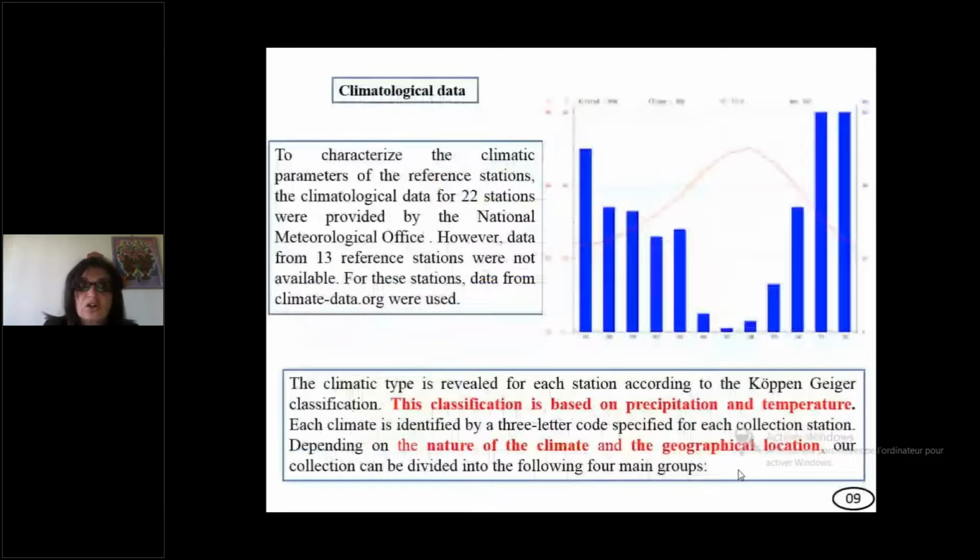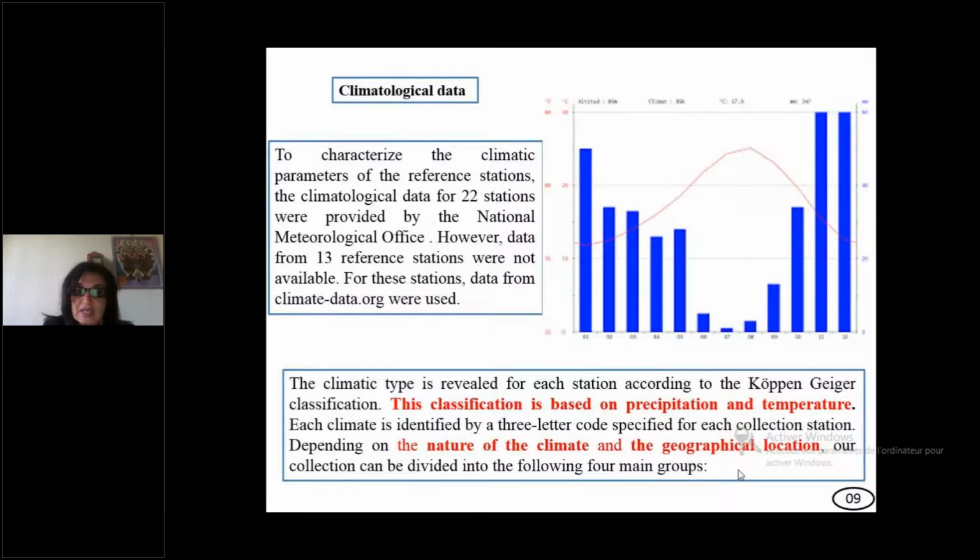For the climatological data, to characterize the climatic parameters of reference stations, the climatological data for 22 stations were provided by the National Meteorological Office. However, data from 13 reference stations were not available. For these stations, data from clima.org were used.